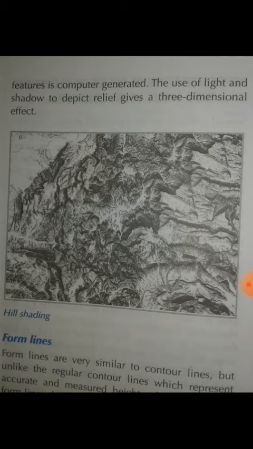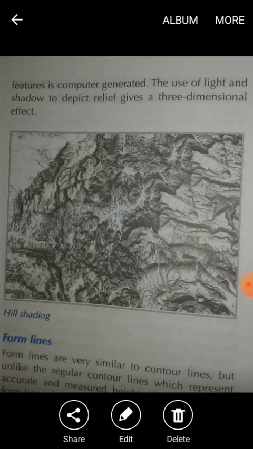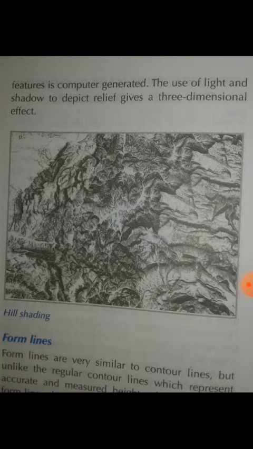Hill shading or shaded relief uses a light and shadow effect to represent relief on the maps. In this diagram you can see some parts are very dark and some are light.